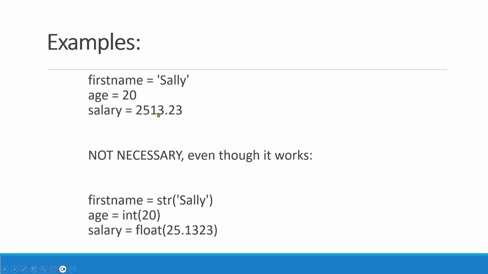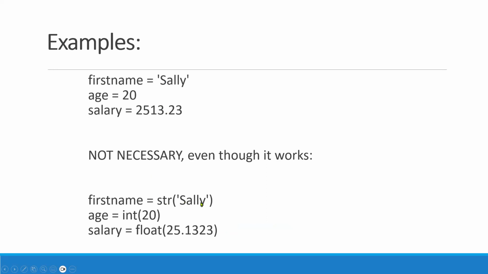Now, I just showed you the three examples where first name equals Sally, age equals 20, salary equals this number. As I mentioned before, Python automatically knows that this is a string, this is an integer, this is a float. You don't have to type str in front of Sally. So this is not necessary, even though it will work.